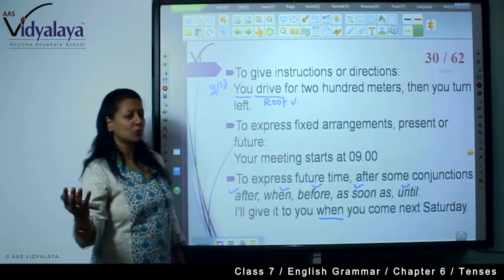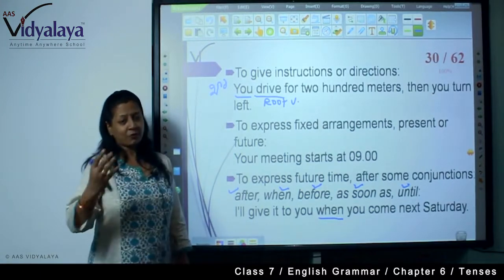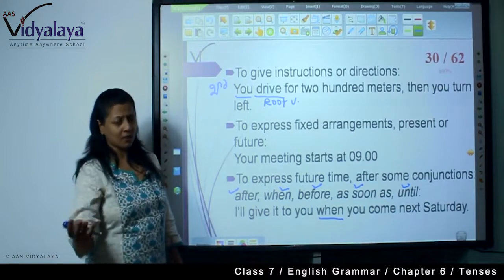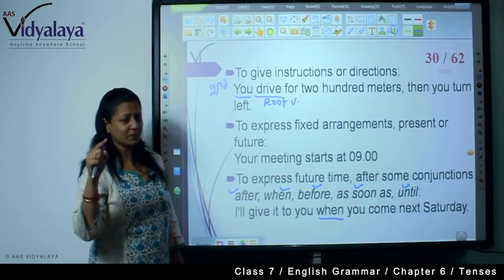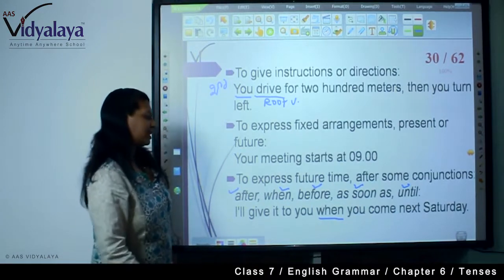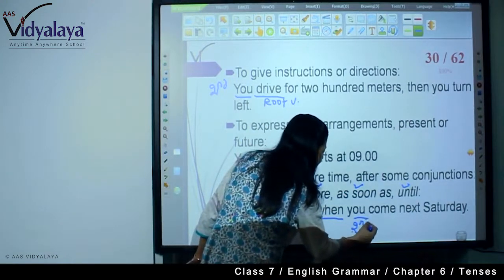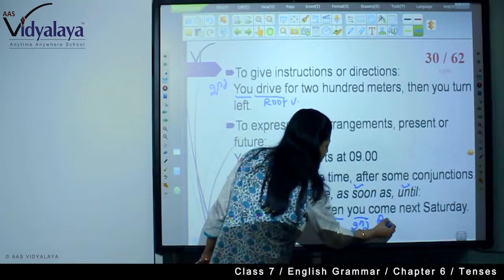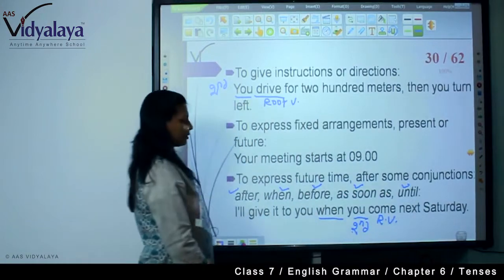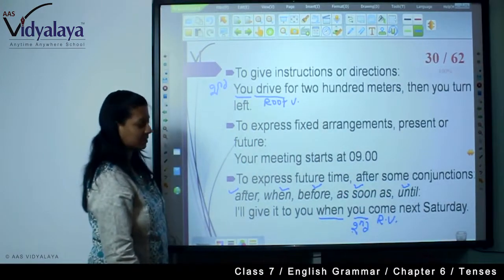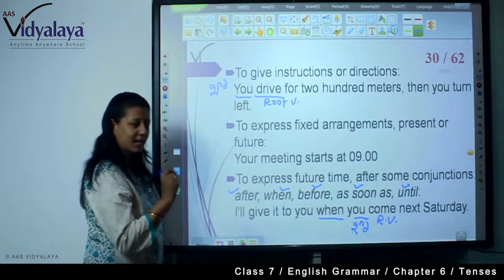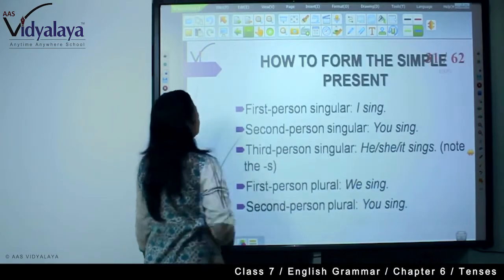As soon as you go. Then after he comes, because he is third person. So here, as you is second person, this is a root verb. So you are seeing you is second person, so here we have used come as a root verb.